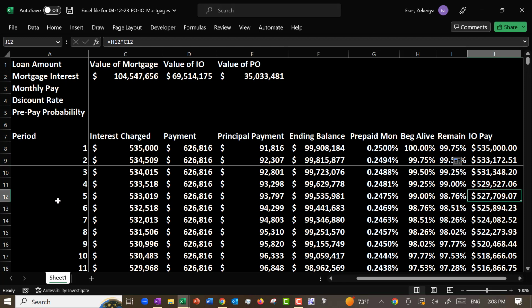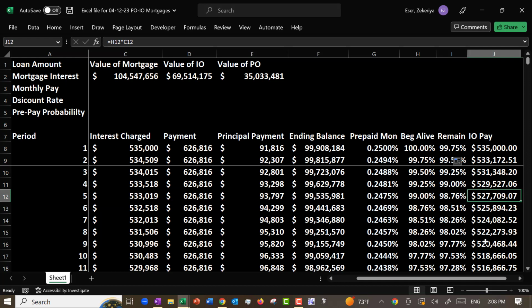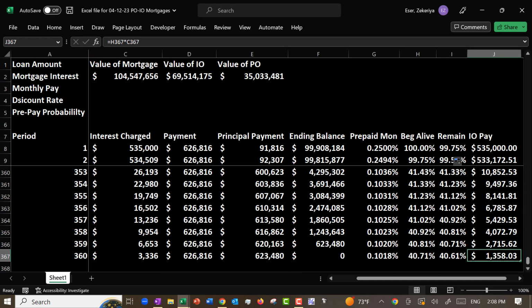At the beginning of the period, 99% were alive, or 1% were already prepaid. And even though the entire pool would have had an interest payment of 533, you only get 99% of that. You know, by the end of year, the last month, only 30% are still alive.